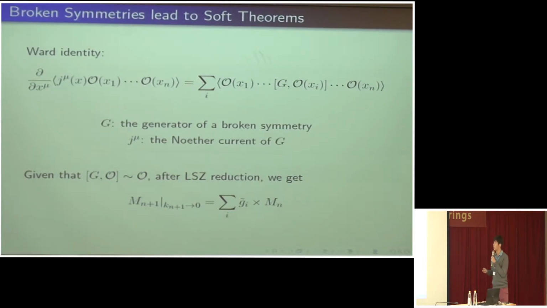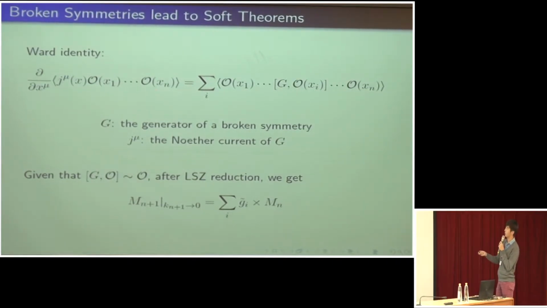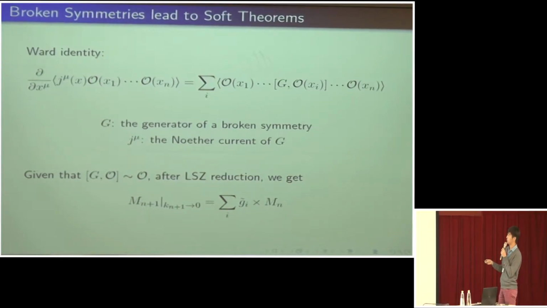And let's show how we can derive soft theorems from broken symmetries. Okay, let's first see the Ward identity. If we have a broken symmetry, then we have a broken generator G, and by Noether we have a Noether current J mu. Then, if we take the derivative of the time ordering bracket of the current and n arbitrary operators, it will be equal to the summation of n parts.